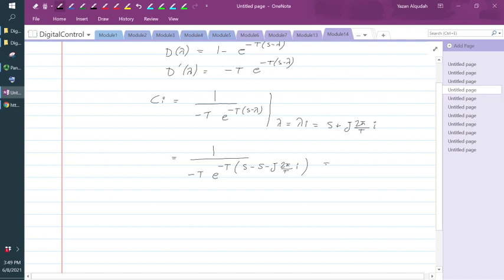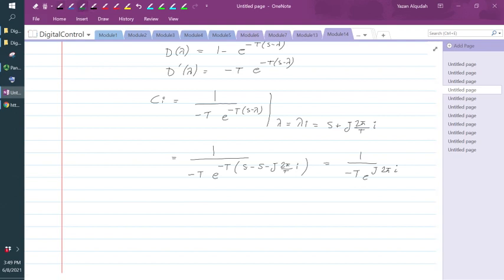And this is going to equal 1 over negative t e to j 2 pi multiplied by I. t with t is going to cancel, s with s is going to cancel.